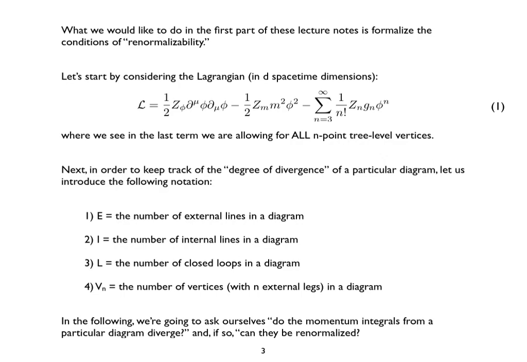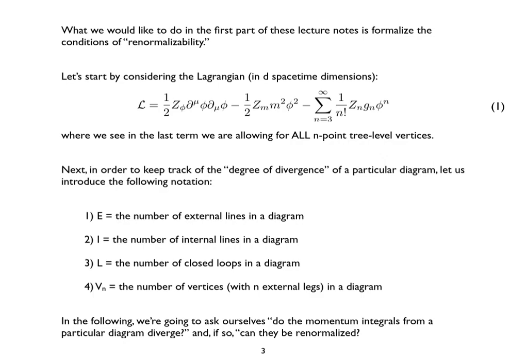I'm going to introduce some notation just to make it compact. E is the number of external lines in a diagram, those are the initial or final state particles. I, which unfortunately in this font looks like 1, is the number of internal lines in the diagram. L is the number of loops; when you see a loop, we don't count those as internal lines.